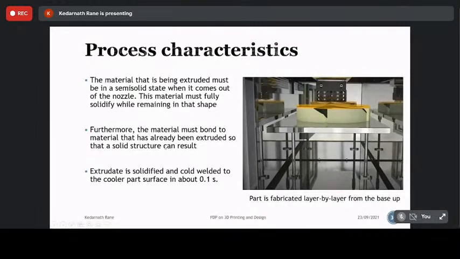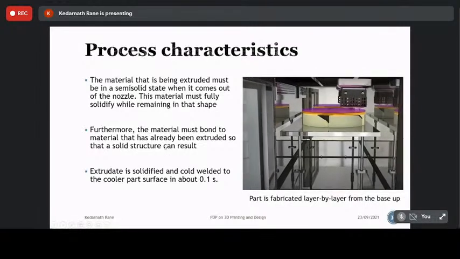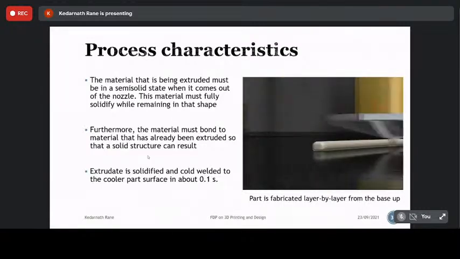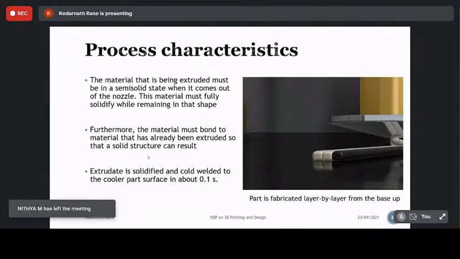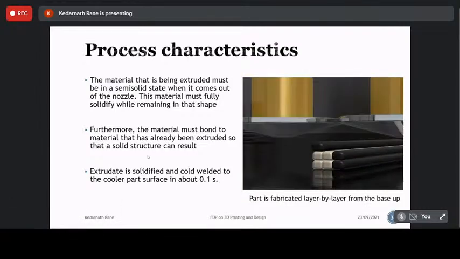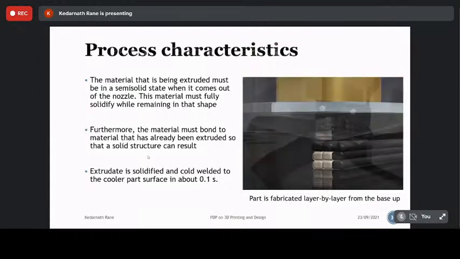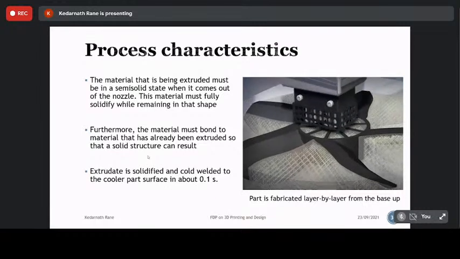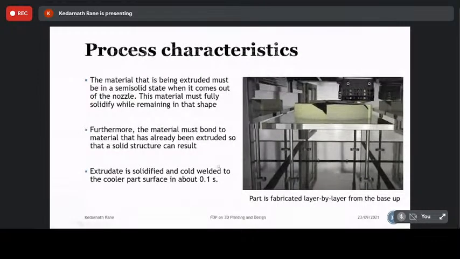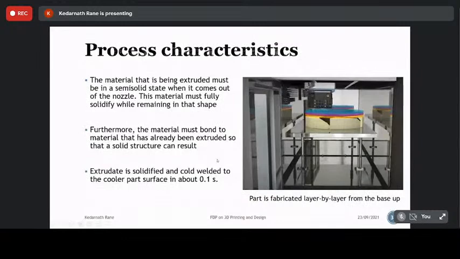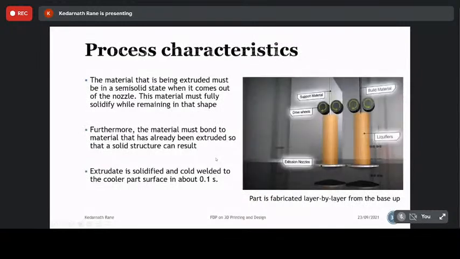The material must be one that can be solidified after being deposited on the bed, to retain shape stability. So there are two aspects. One is cold welding between two successive layers, and the other is the stability of the part itself on the print platform. These two aspects are important for the stability of the material. So it should be extruded and get solidified as per the characteristics required by the application.